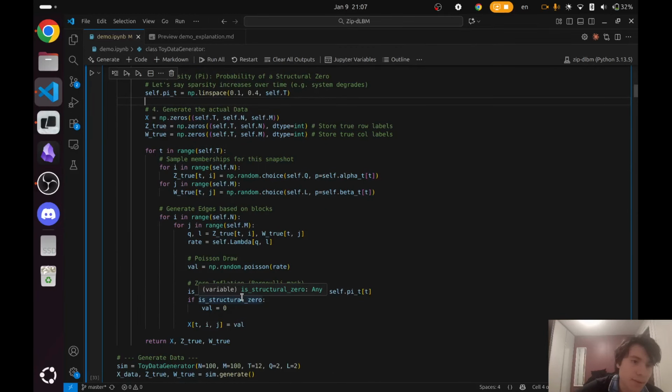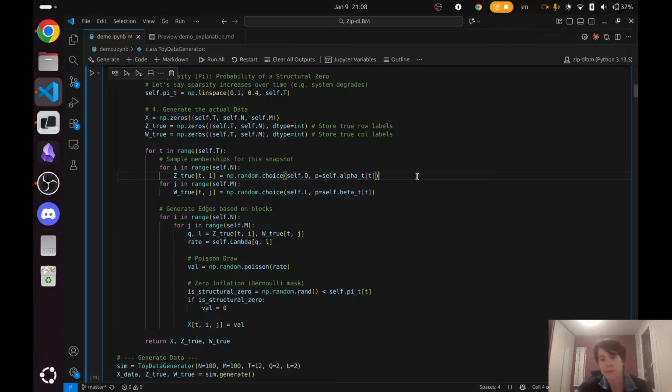All right. So the initialization is just sampling some realizations. In this case, we assign randomly based on alpha, which is a vector. At every time step, we have a vector of the size of the number of clusters, and we assign a probability, the proportion of how likely a node is to belong to a certain cluster.